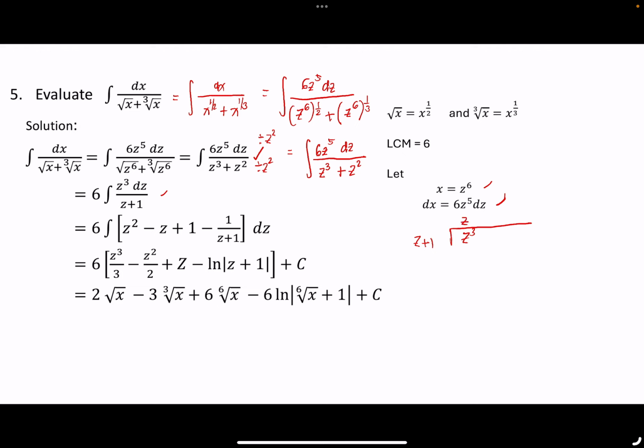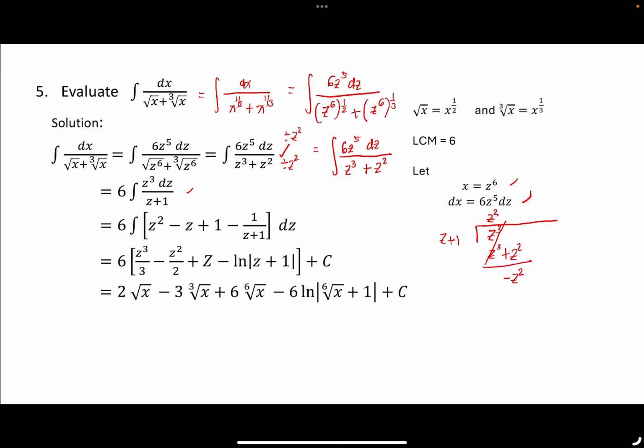So we have z cubed as z squared. So z squared times z is z cubed plus z squared. So we now have negative z squared. Negative z squared divided by z is negative z. So we have negative z squared minus z.